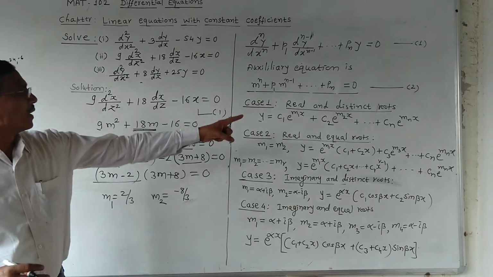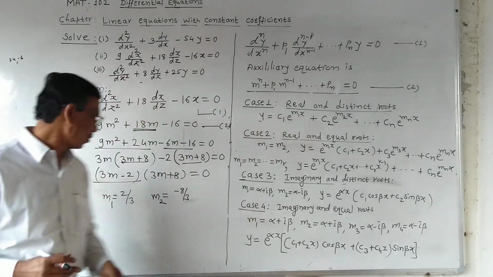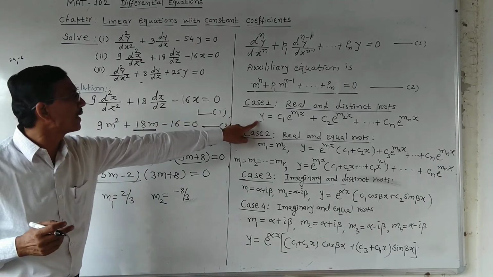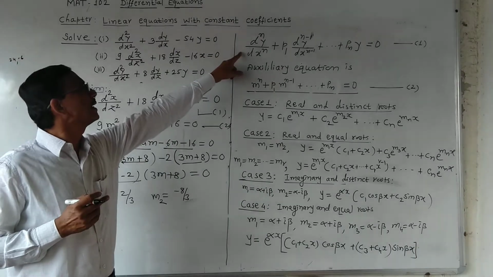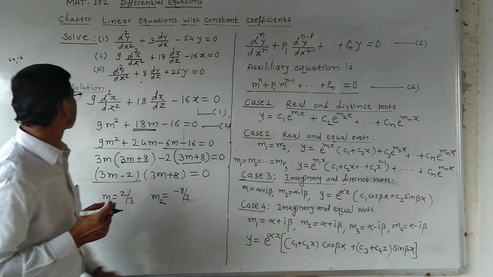That means again we come under the case real and distinct roots, and therefore solution is given by, here we have written y is equals to, because our solution equation is d^n y by dx^n, that means in the variable y and x.